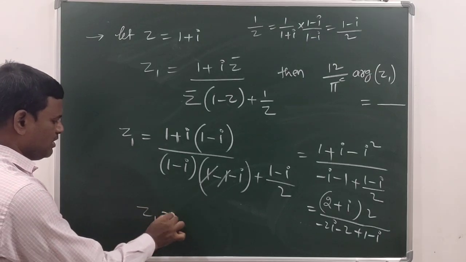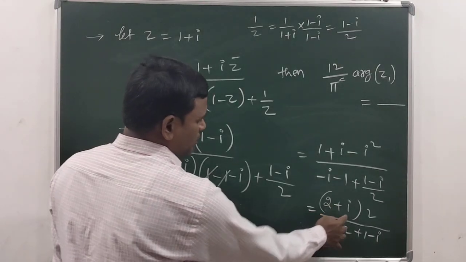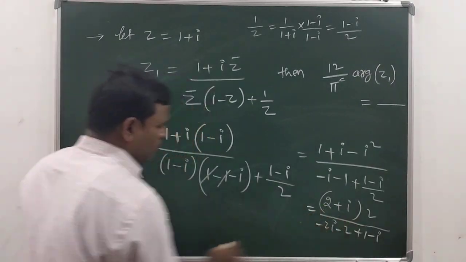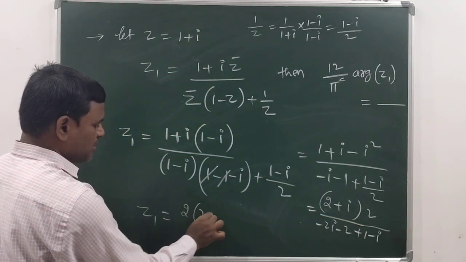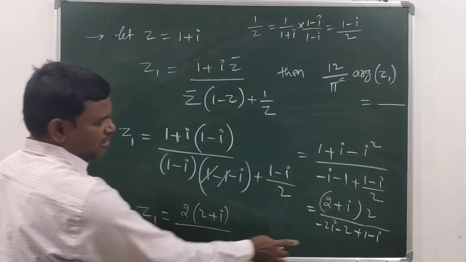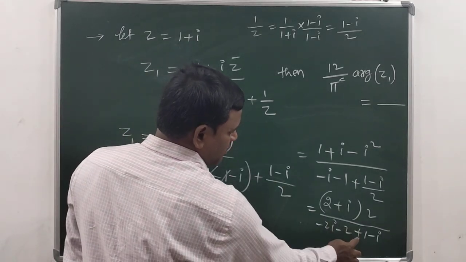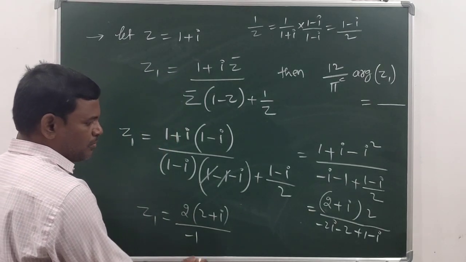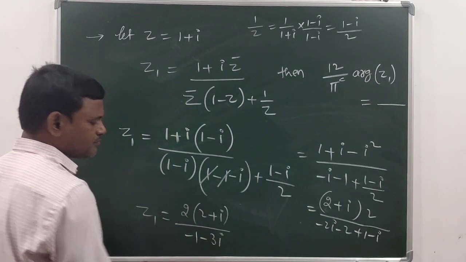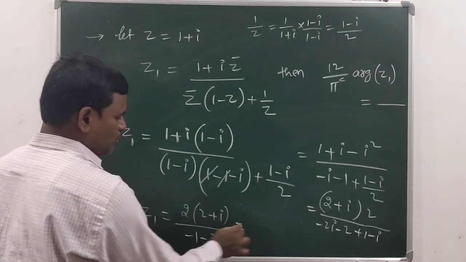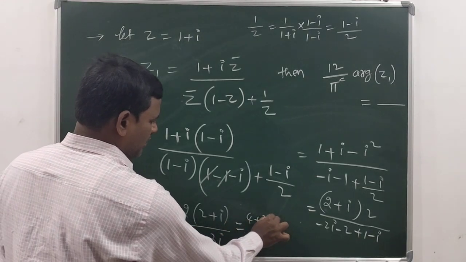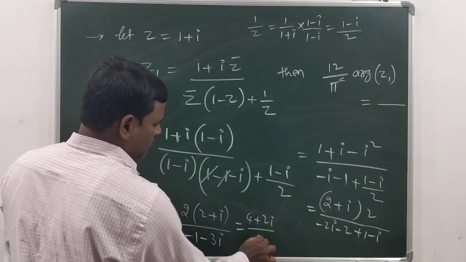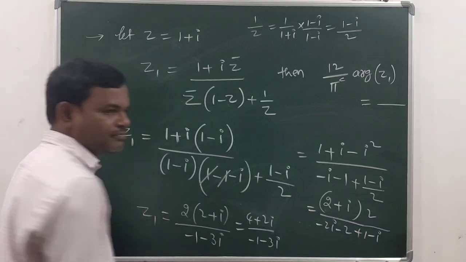So now z1 is equal to, how much do you get? 2 2s are 4, otherwise 2 into (2 + i), write like this. Now simplify the denominator: −1 − 3i. So z1 is equal to (4 + 2i)/(−1 − 3i).